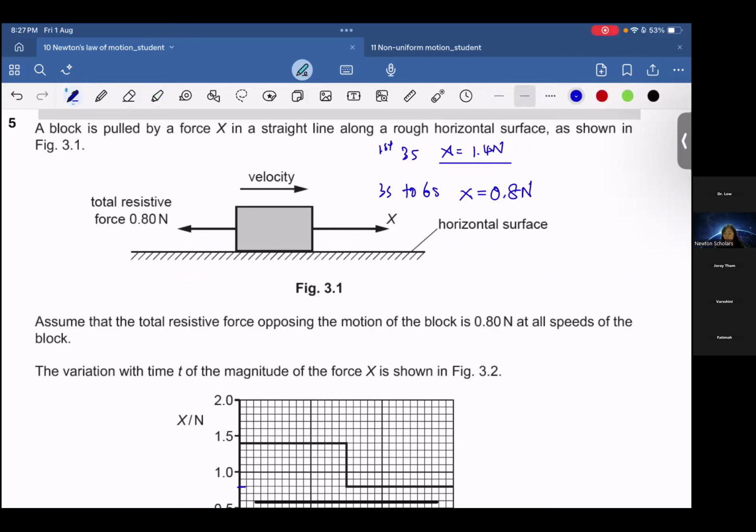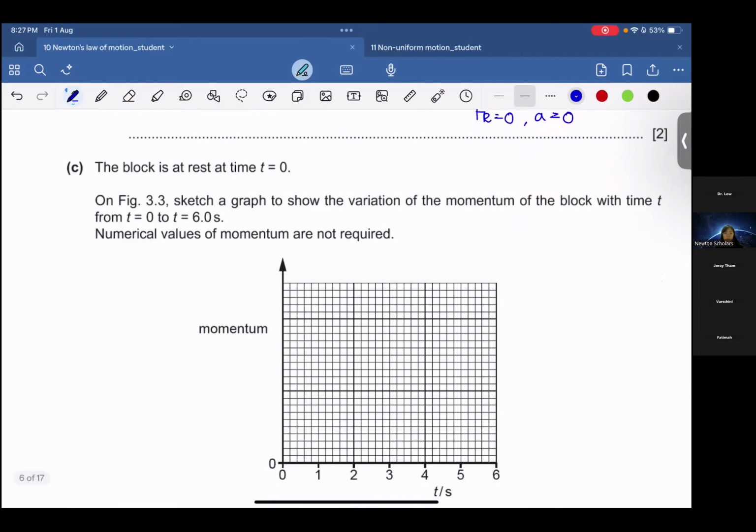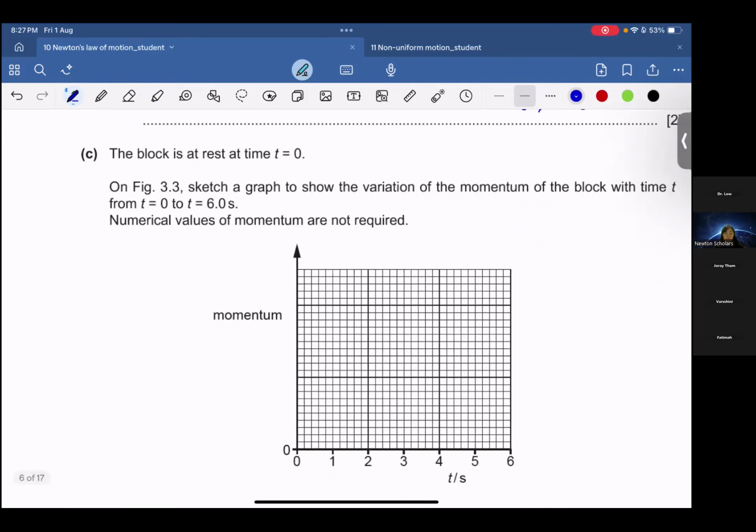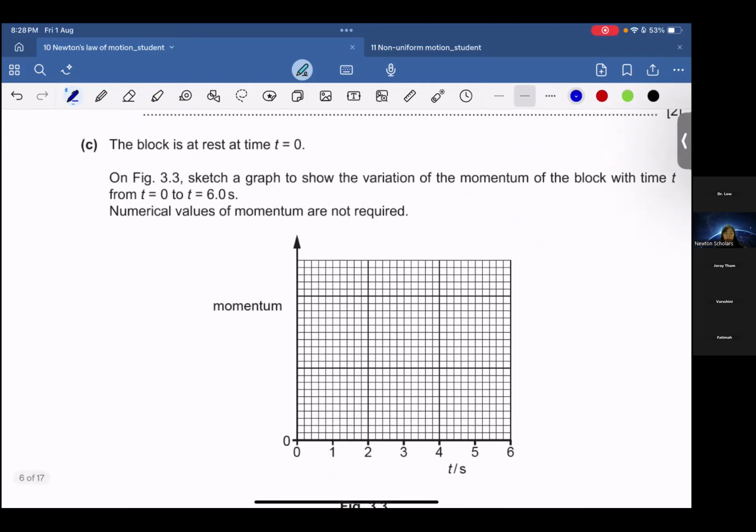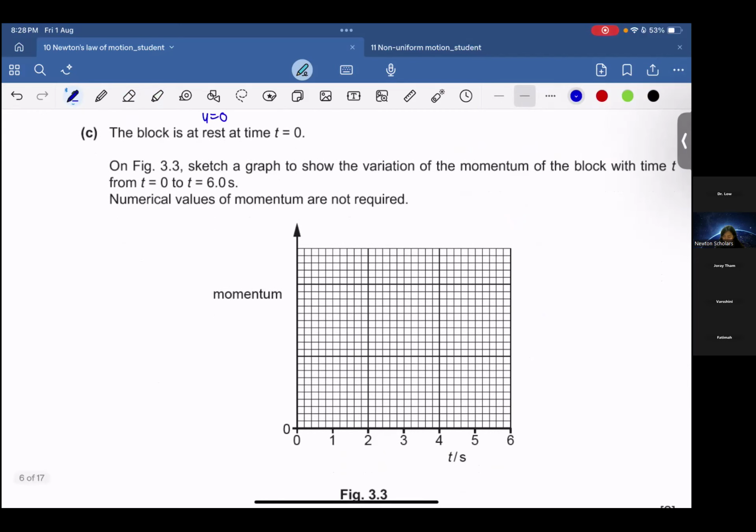Okay. Next one, you need to sketch the graph. The block is at rest at time t equals 0, so the start is at rest. Sketch the momentum against time from 0 to 6 seconds. Boys and girls, can you try?